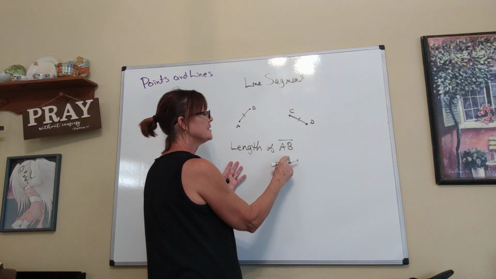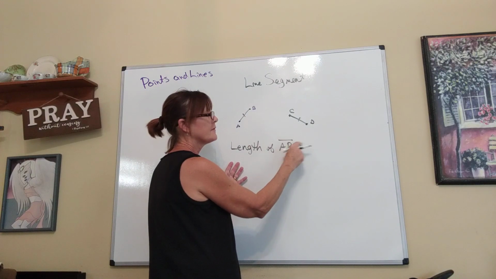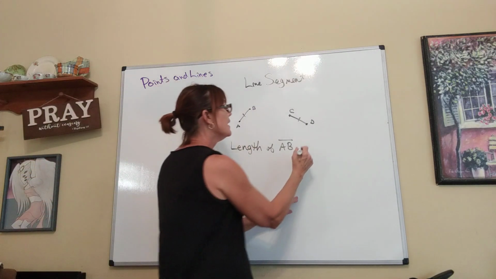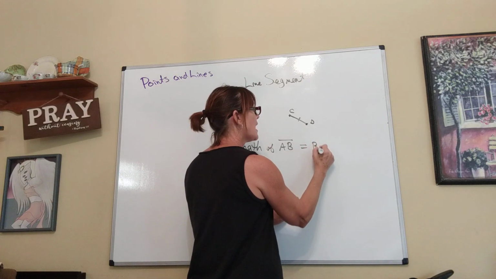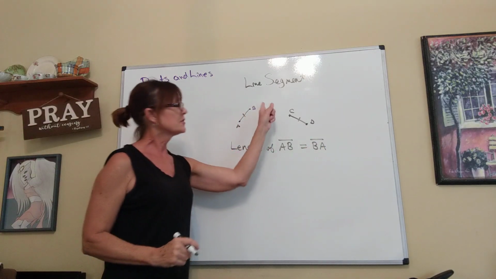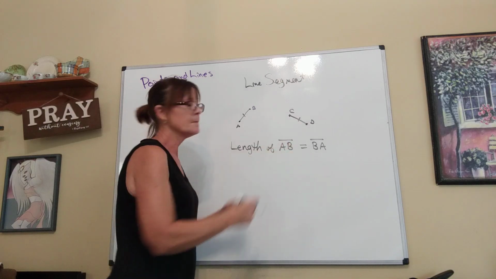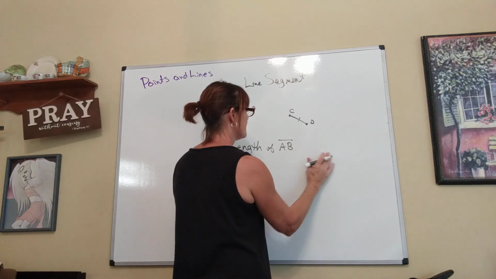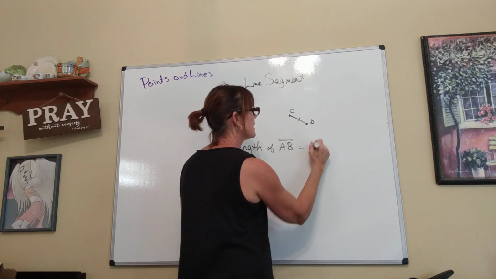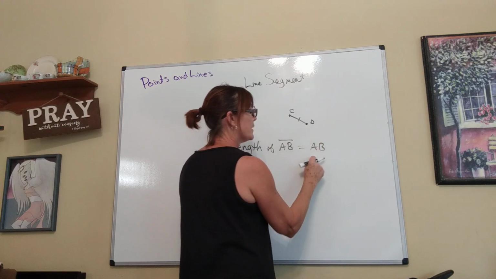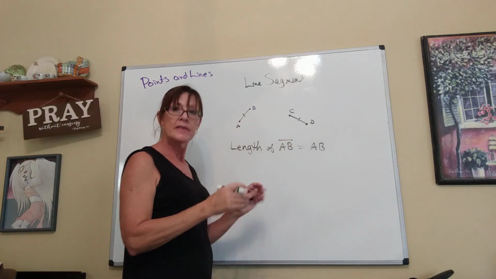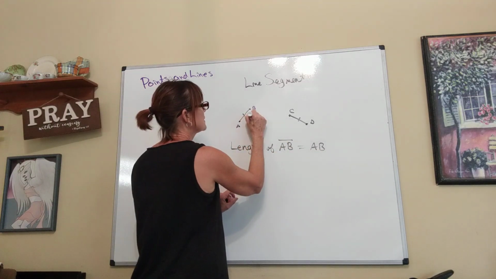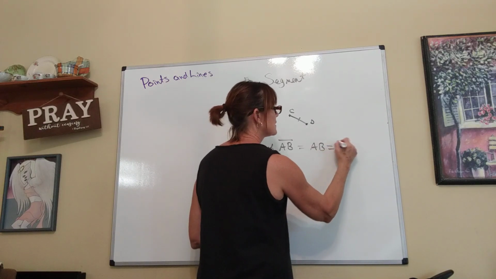See, it doesn't have double arrows, it's not going on forever, it starts at A and stops at B. And this is the same thing as BA. It doesn't matter if I started from BA, these mean the same thing. The length of AB or BA is indicated with the letters without anything on top, and that means the distance between the endpoints. So let's just pretend this is 3. Then I would say this is 3.